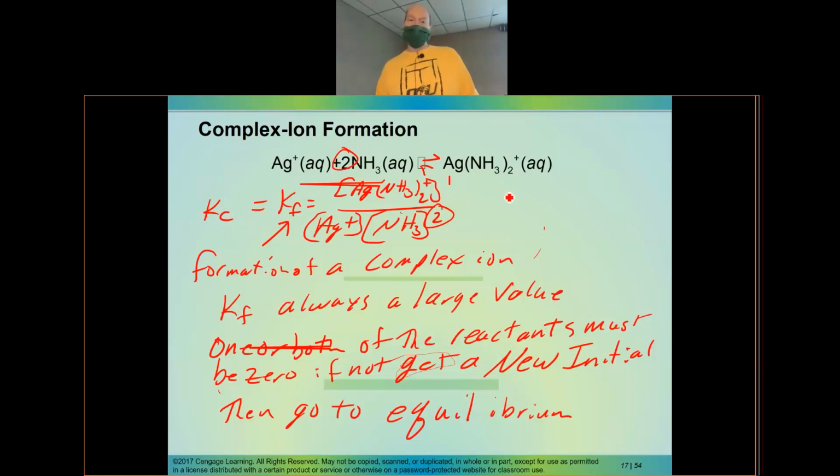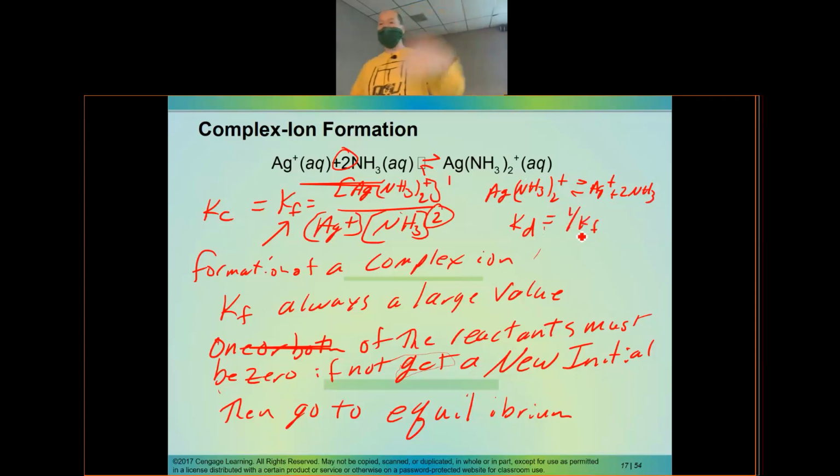reaction. So if you reverse this reaction and you have your Ag(NH3)2 plus, that goes to Ag plus and 2 NH3. Now your K value is called a Kd, and that's equal to 1 over the Kf. And since all Kf values are large and you divide by a large number, you get a small number.